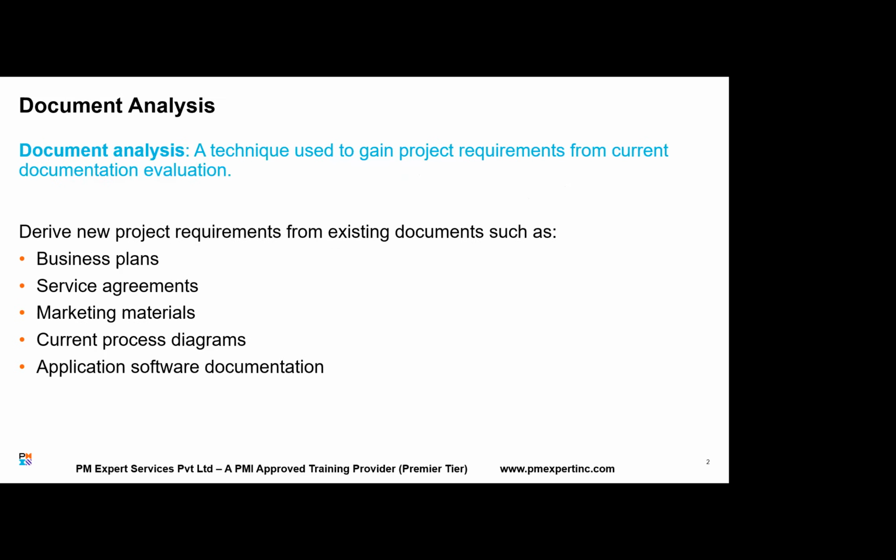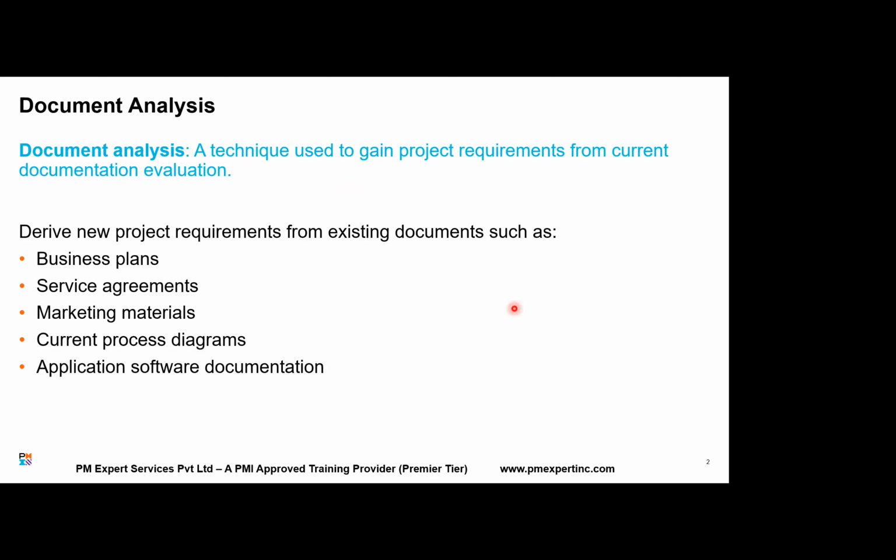Now, one technique for finding out or generating requirements is document analysis. What is document analysis? To generate the requirements, you can look at previous documents, like business plans, service agreements, marketing material, process diagrams, the user manual, the application software documentation.